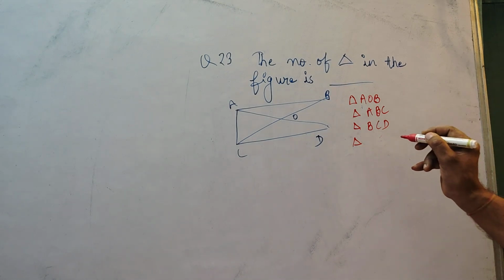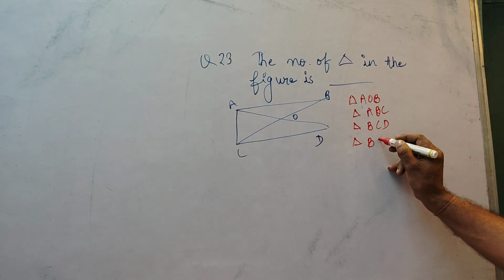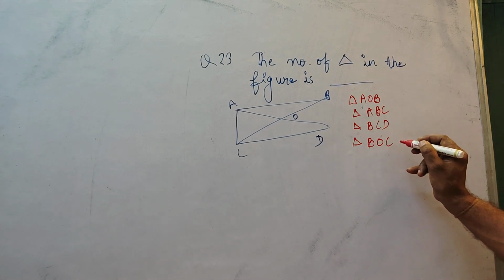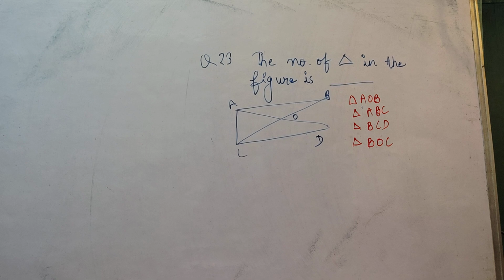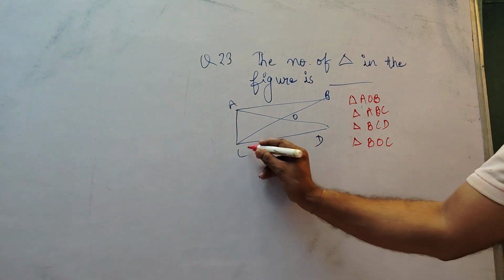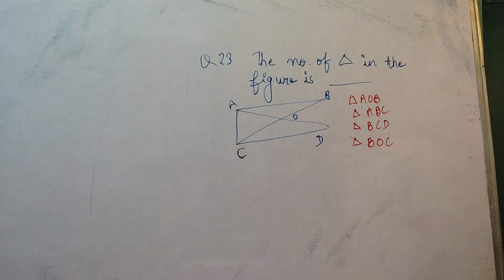Then BOC. Now BOC is not a triangle. It is a straight line. Because C is here, BOC does not come under triangle. Next.